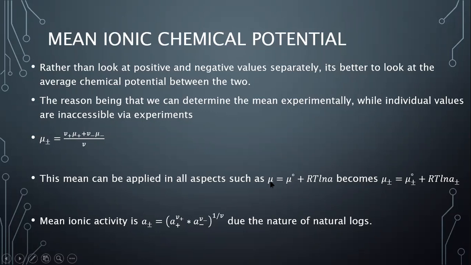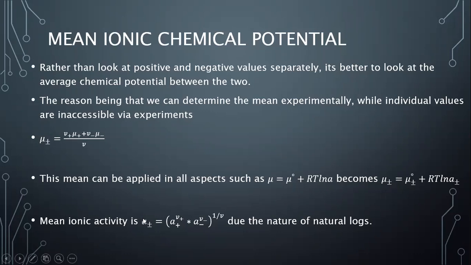So our mu naught plus RT ln a, the activity, becomes mu plus minus equals mu plus minus naught plus RT ln a plus minus, or the mean activity.